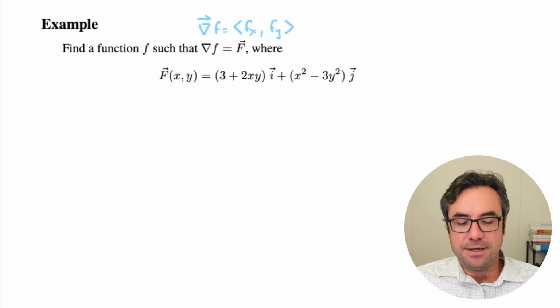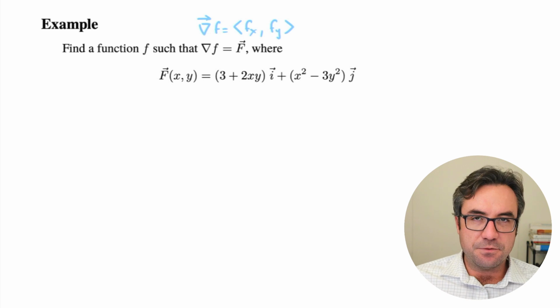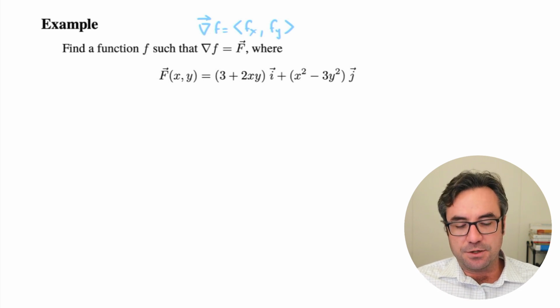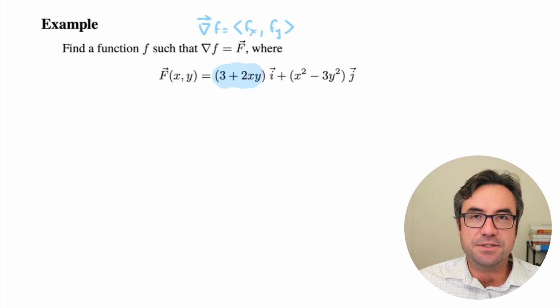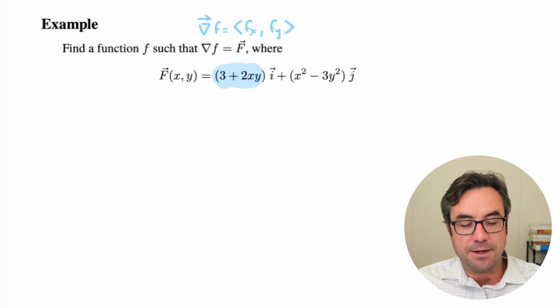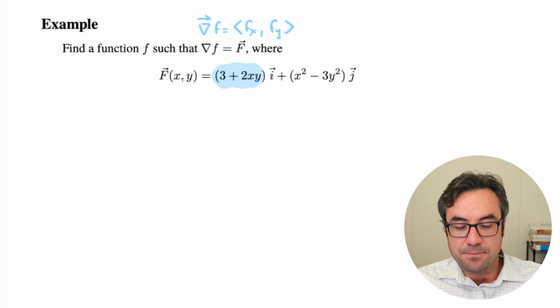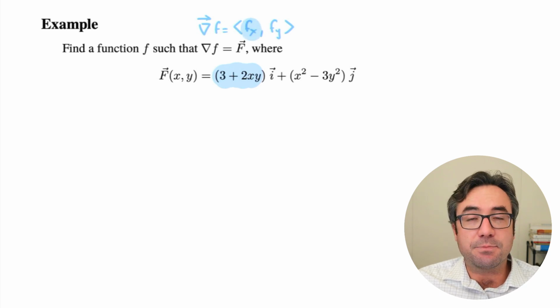The idea is, if this vector field is going to have a potential function, then this first component, 3 plus 2xy, should be our x partial derivative.